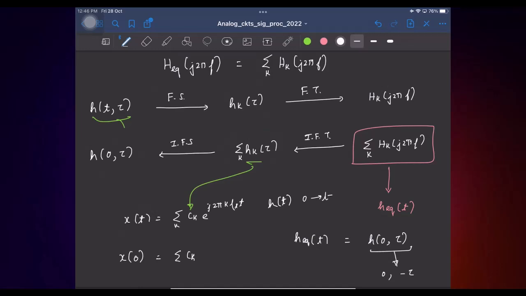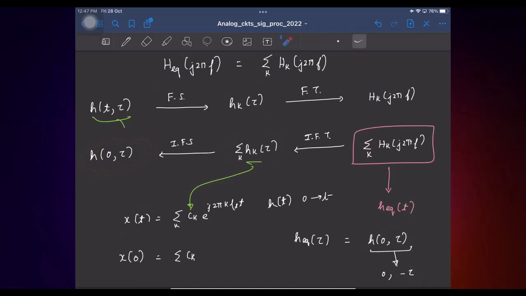Remember, this tau is basically a variable. So if I were to write h(0, tau) is equal to, what should this be? Remember, t and tau are just variables.